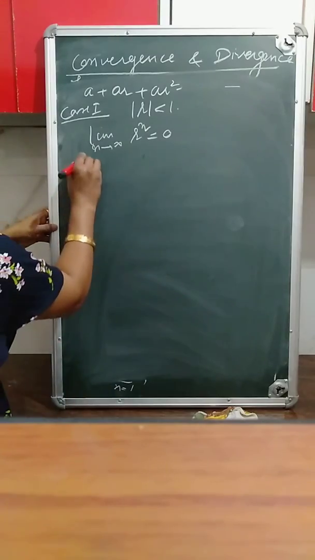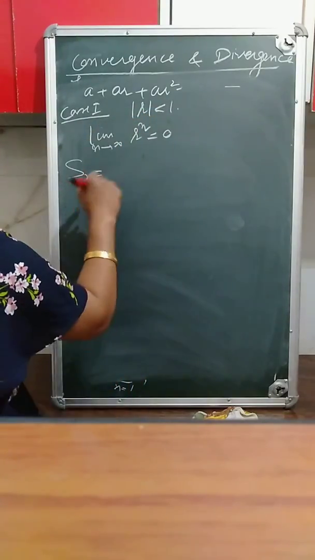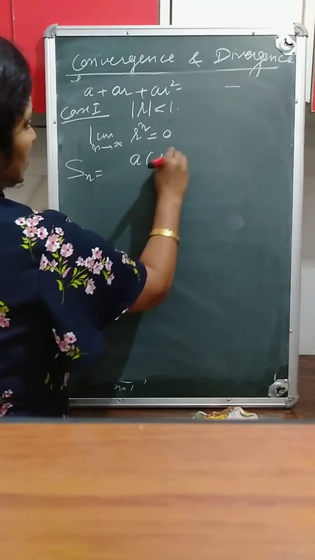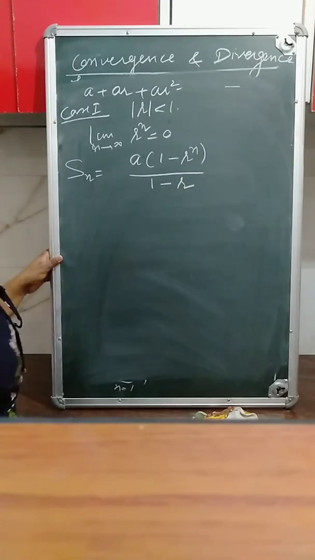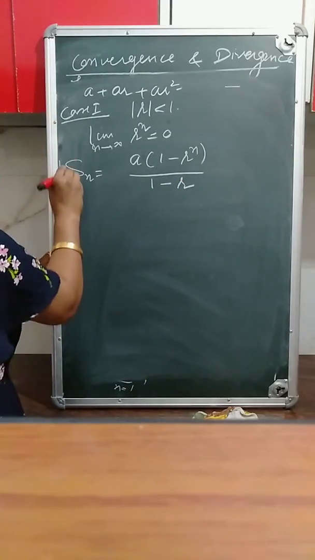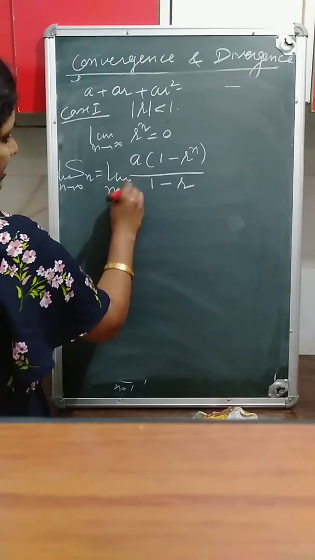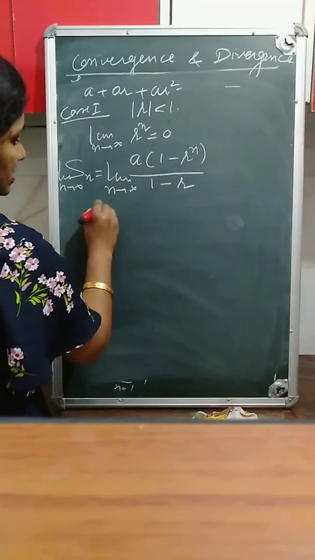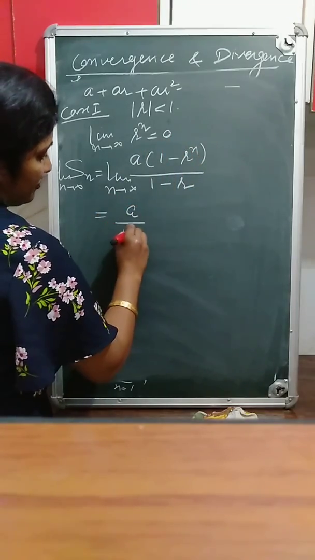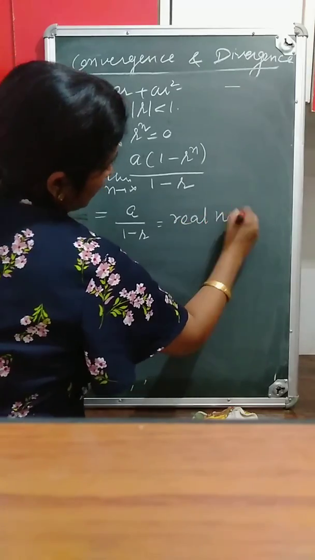Now we consider Sn. As modulus of r is less than 1, Sn will be a into (1 minus r raised to the power n) upon (1 minus r). Limit n tending to infinity Sn is limit n tending to infinity of this, and you know this r raised to the power n will tend towards 0. So the limit is a upon 1 minus r, which is a unique real number.